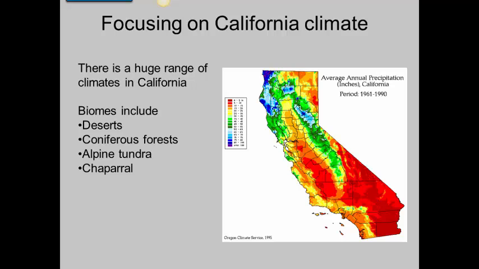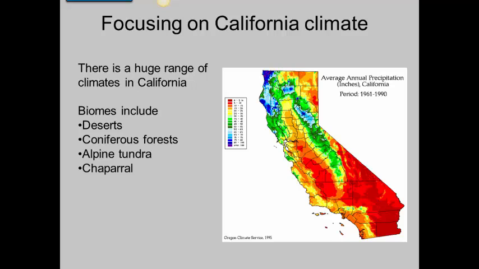So everything from deserts in the rain shadow of some of the mountain ranges, and in the southern part of our state where we have the influence of the high pressure zone. We have lots of areas that are dominated by coniferous forests. Your book described the temperate forests, and it was really focused on the temperate deciduous forests, which is lacking in California.